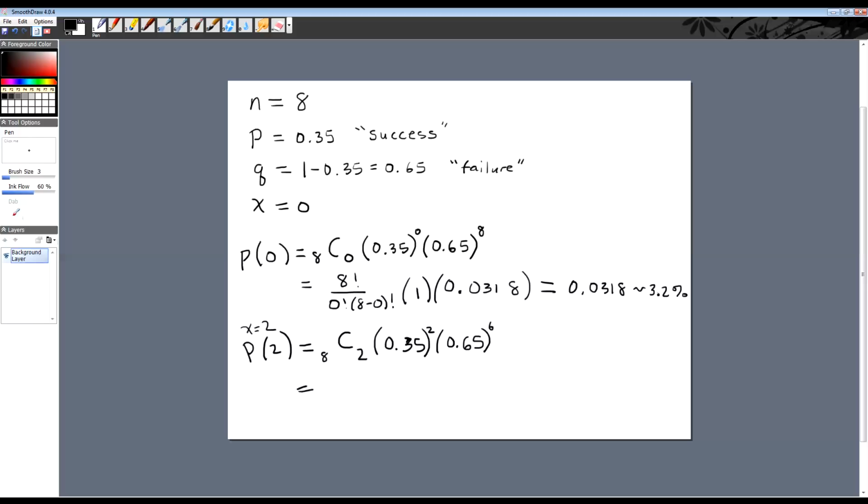So 8 choose 2, 8 factorial, divided by 2 factorial times 8 minus 2, all of that factorial, times 0.35 squared, times 0.65 to the 6th power.